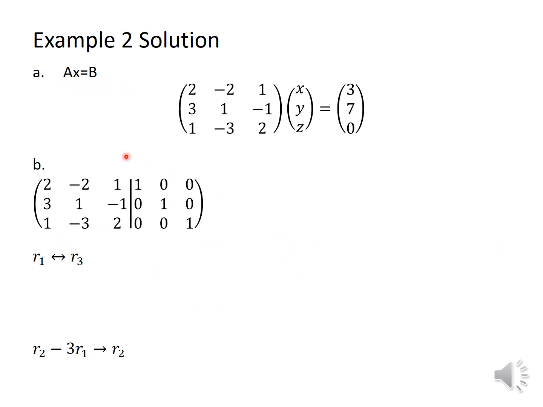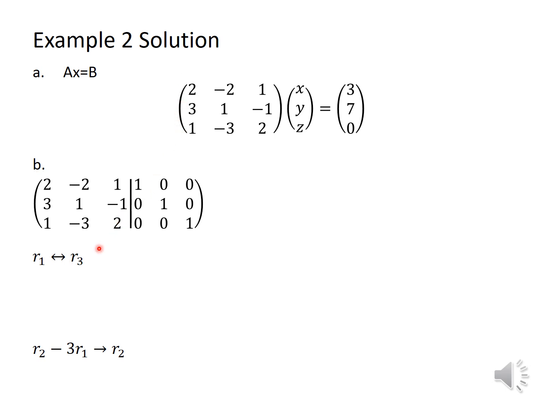For part A, the matrix equation is AX equal to B, where matrix A is the coefficients of x, y, and z for each equation, matrix X is the unknowns x, y, z, and matrix B is the constants for each equation.